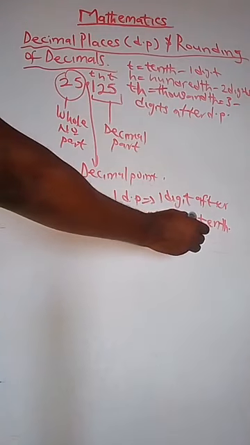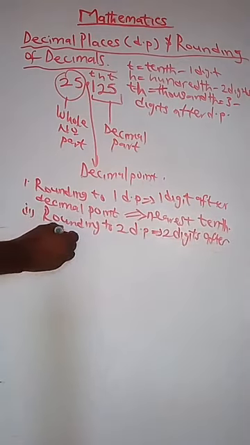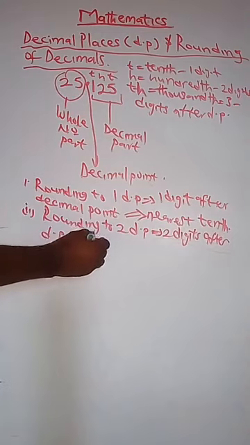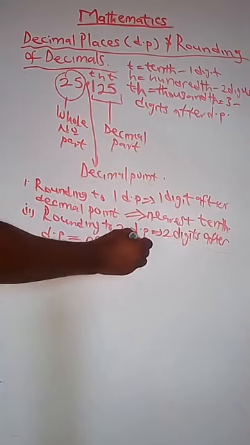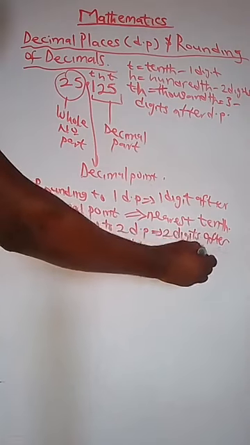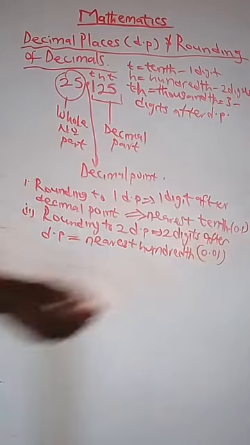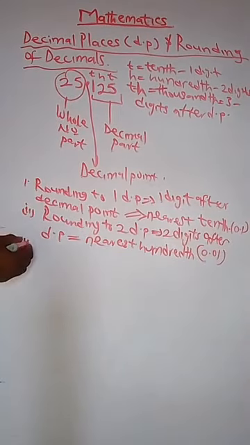2 digits after the decimal point, and it's the same thing as nearest hundredth, right? Which is 0.01. This is 0.1. 3.